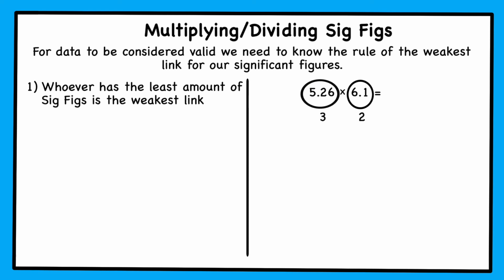This means my 6.1 is my weakest link, and my answer will have 2 sig figs in it. Now all I have to do is multiply and round to 2 sig figs. If I multiply out, I get 32.086, which rounded to 2 sig figs is 32.